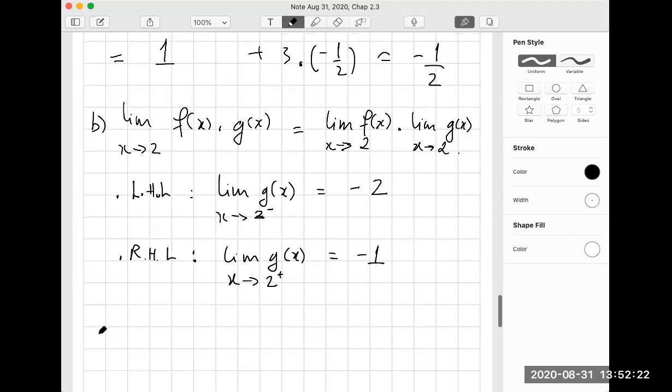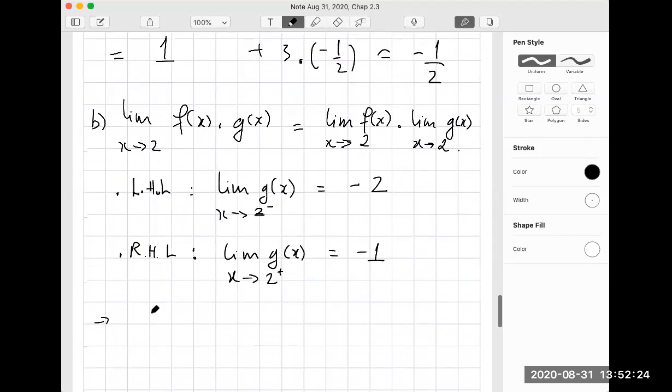Therefore, the limit of g of x when x approaches 2 does not exist. Right? So it means that this guy does not exist times a number right here.